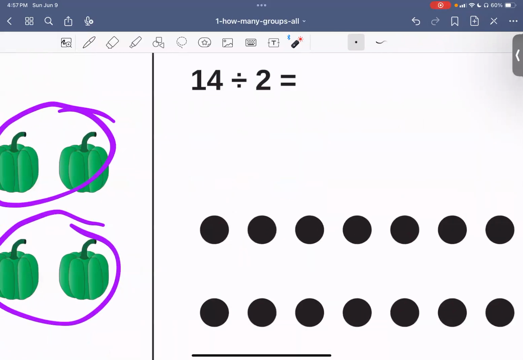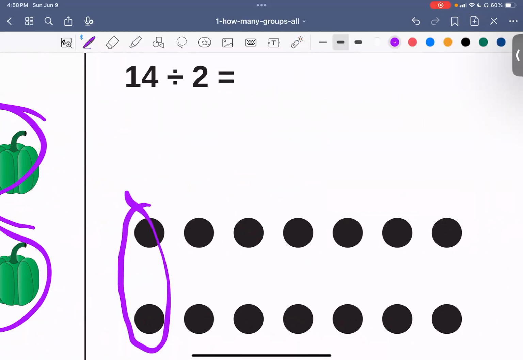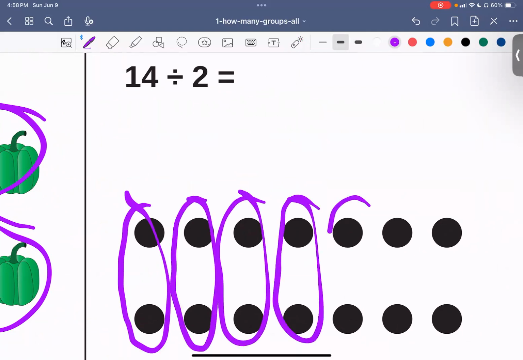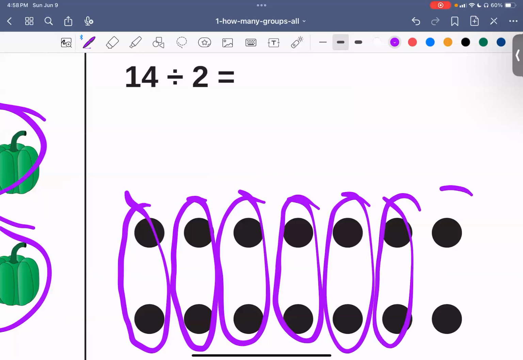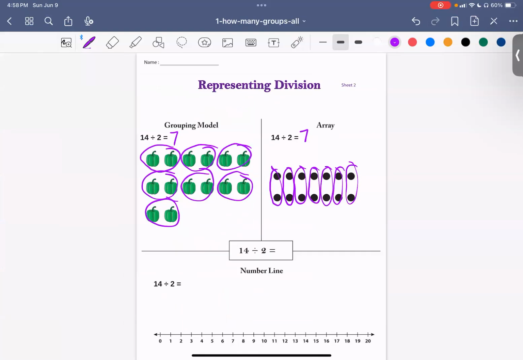Now we can make groups of 2 here again. So we have 14 dots. So 1, 2, 3, 4, 5, 6, 7, 8, 9, 10, 11, 12, 13, 14. So we have 1, 2, 3, 4, 5, 6, 7. So 14 divided by 2 is 7.